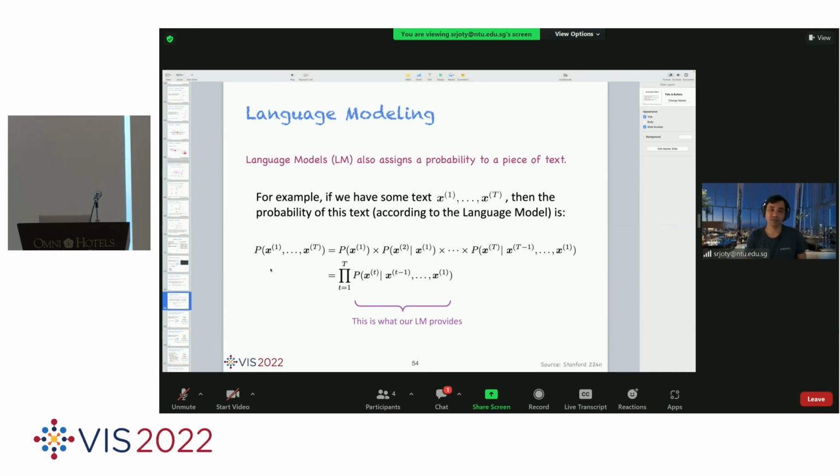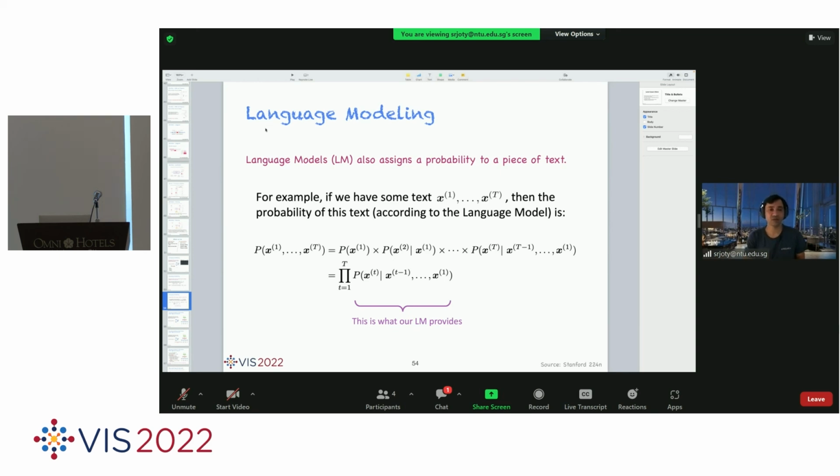Now, once you have these language model probabilities, you can use them to compute the probability or the likelihood for the entire sequence. So you can also use the language model to score a text, that is, how likely a text is given the model parameters.